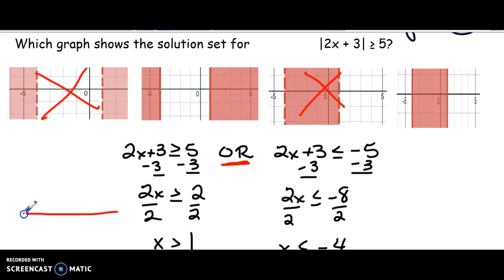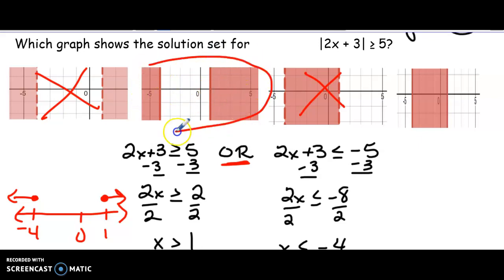Okay, so if I have my number line, I have a negative 4, 0, positive 1. Closed circle on 1 points to the right. Closed circle on negative 4 points to the left. So when I'm looking at this, I have negative 4 here pointing to the left, and I have 1 pointing to the right. So this would be my solution set.